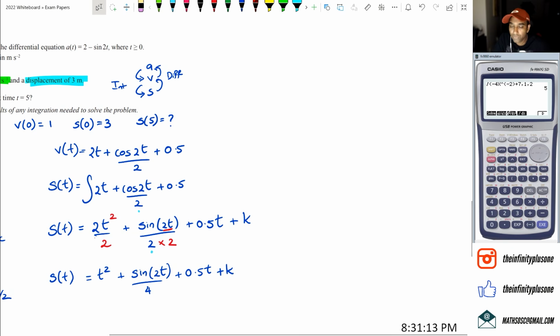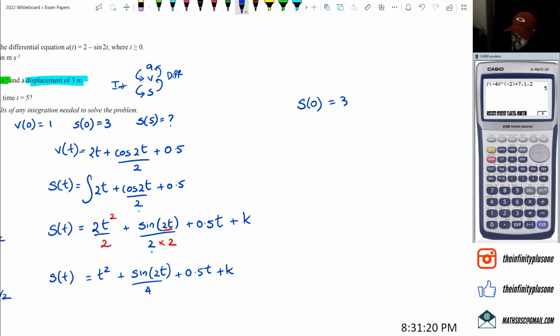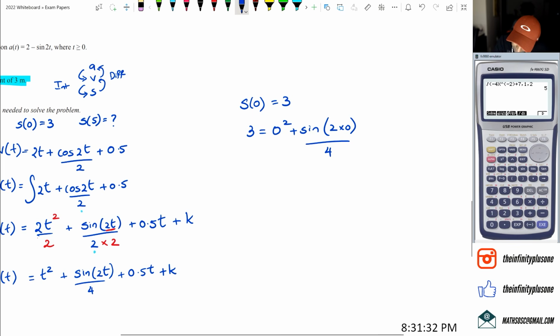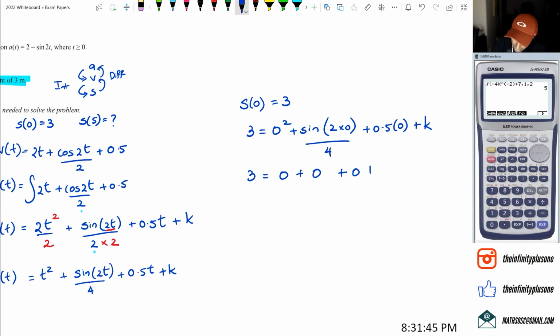Okay, now I need to figure out what K is, and I know that s of 0 is equal to 3. So I can say 3 is equal to 0 squared plus sine 2 times 0 over 4 plus 0.5 times 0 plus K. So 3 is equal to, this is 0, sine of 0 is 0, 0.5 times 0 is 0, so K is equal to 3.